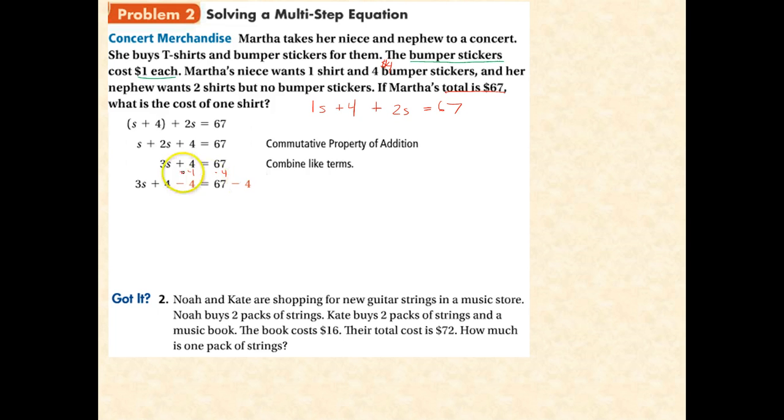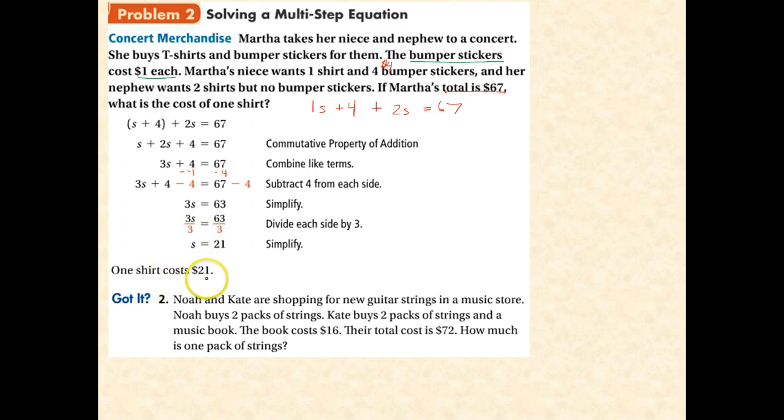We can write it like this or like that. We get 3s equals 63. Then we're going to divide both sides by 3, and we get s equals 21. So each shirt cost $21. Cool. So why don't you pause the video and see if you got it? And push play when you're ready to find out.